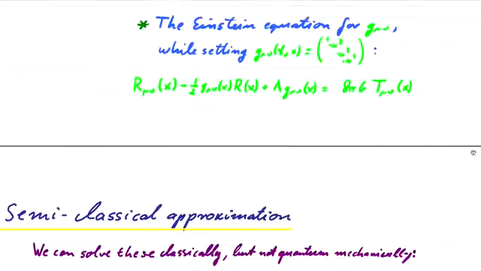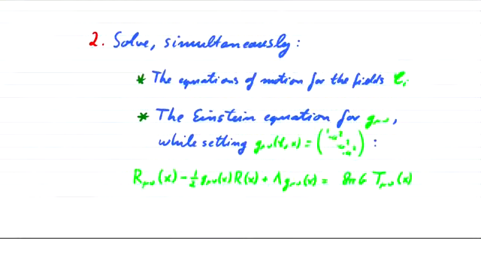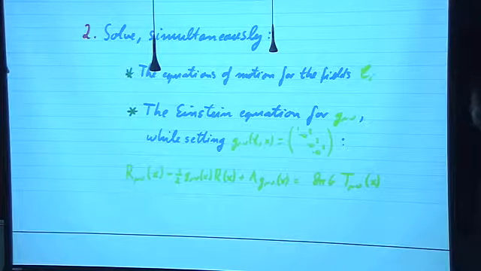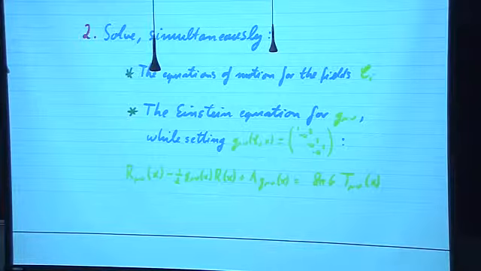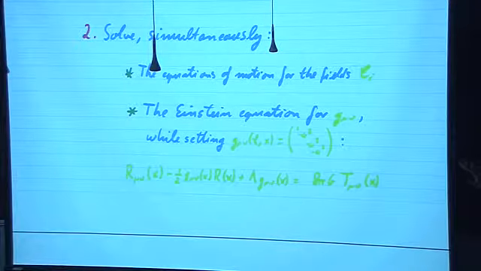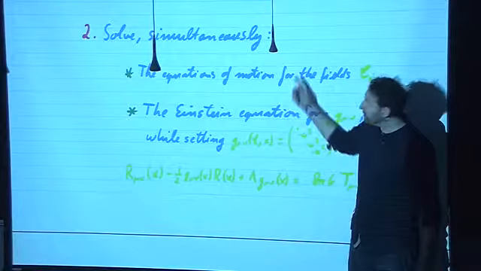Now, in practice, we can't do this. We have some good ideas about how to solve the equations of motion for matter fields, such as fermions, photons, gluons, W and Z bosons, neutrinos, and all the rest. But we don't know how to do the quantum theory of this. Now that poses a big problem because the two systems are coupled.